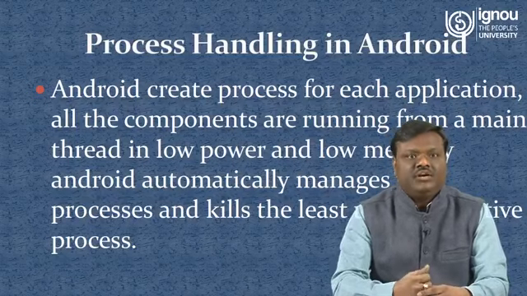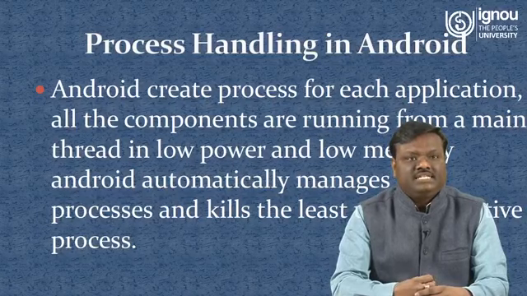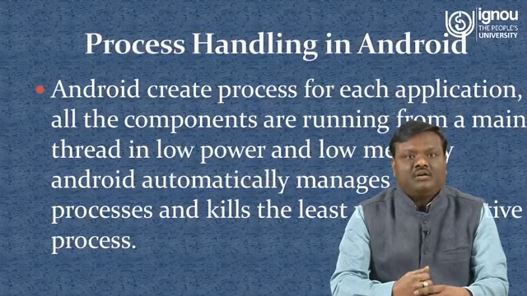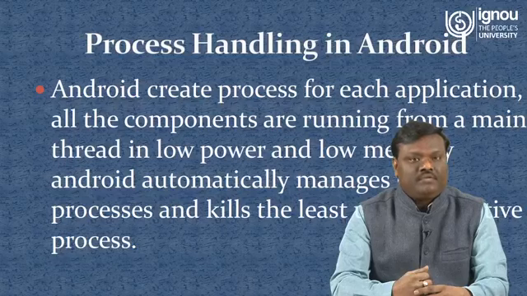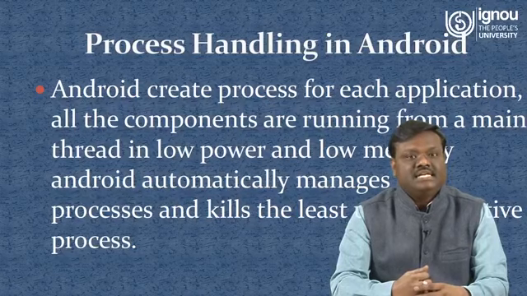So here in Android, the process handling is done. It creates a process for each application, and all the components are running from a main thread. In low power and low memory, Android automatically manages the processes and kills the least used or inactive processes.